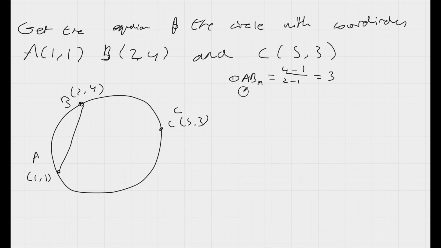And then let's find the midpoint of AB, which I'm gonna label as capital N, which would be 2 plus 1 over 2, comma, 4 plus 1 over 2, which is equal to 3 over 2, 5 over 2.